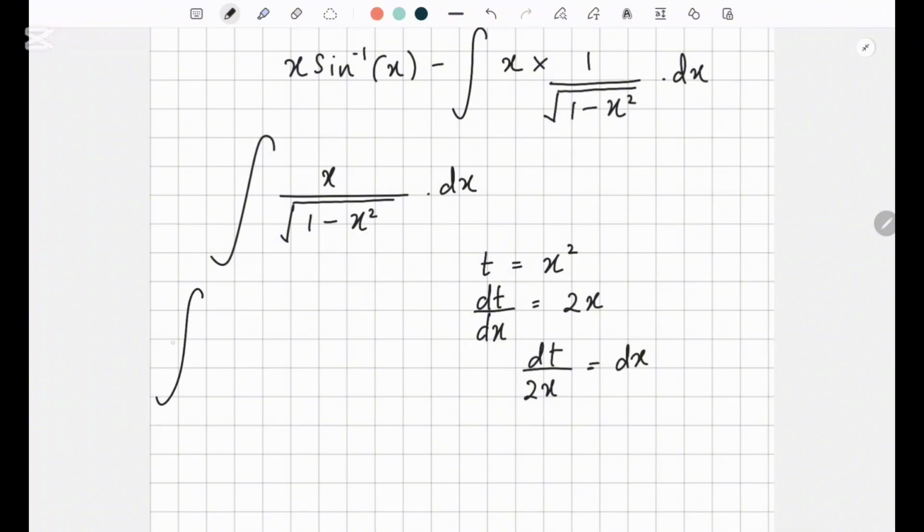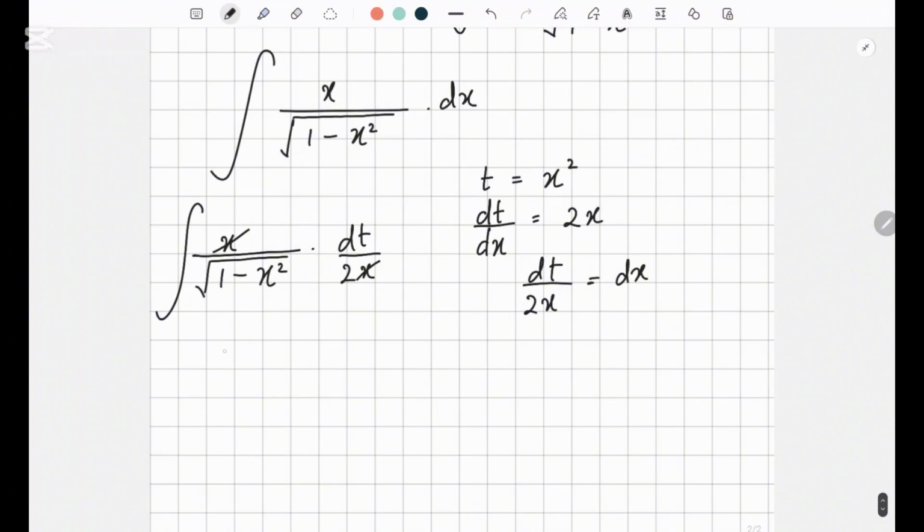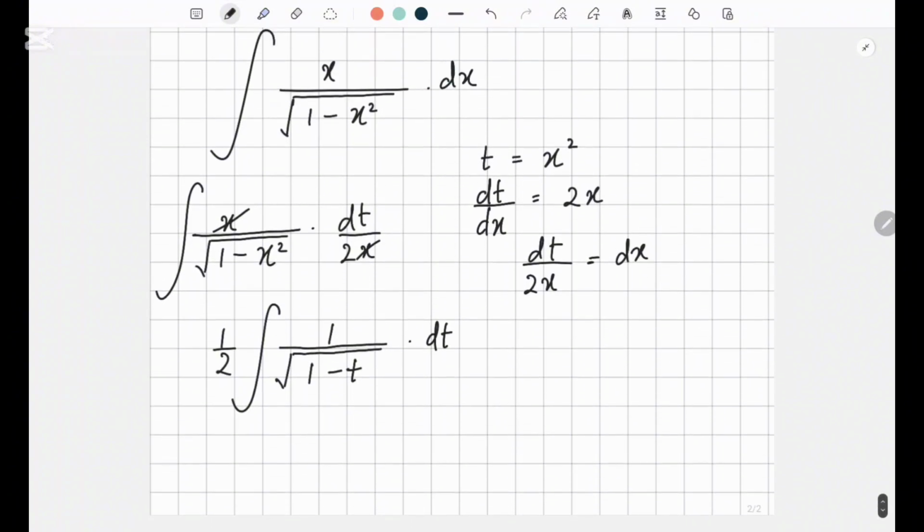So you go to your question, you have x over root 1 minus x squared dot dx. Instead of dx, you write dt over 2x, x cancels off. So now we have to integrate half into 1 over root 1 minus t, right? Dot dt.